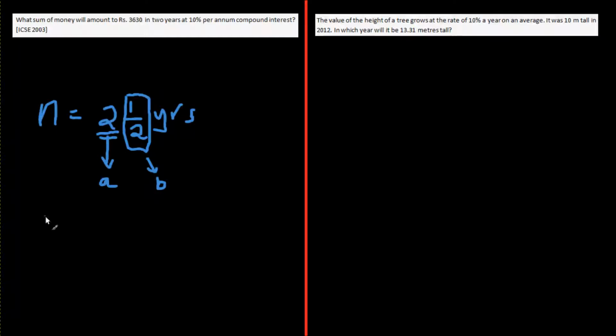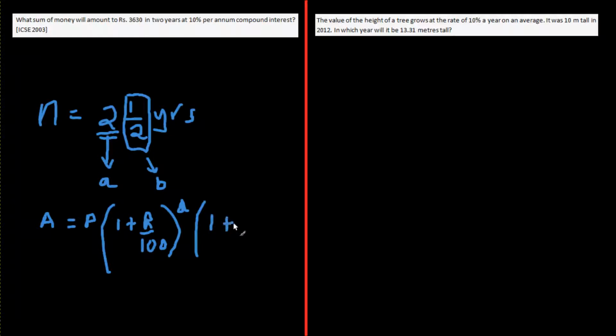And then your formula becomes something like this: A is equal to P into 1 plus r by 100, everything normal so far. Over here, at the power, instead of n, you write a, and this whole thing is again multiplied by 1 plus b into r upon 100.